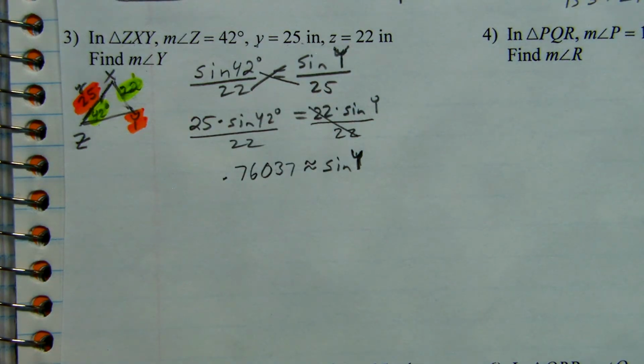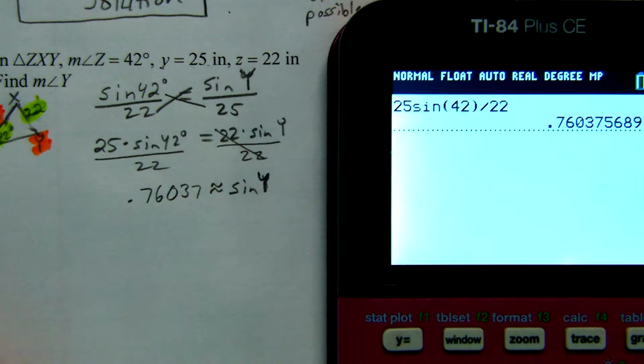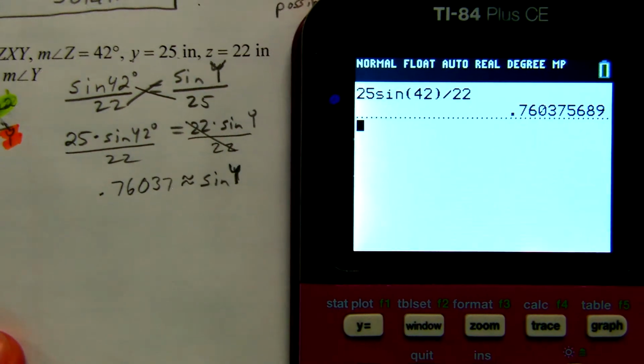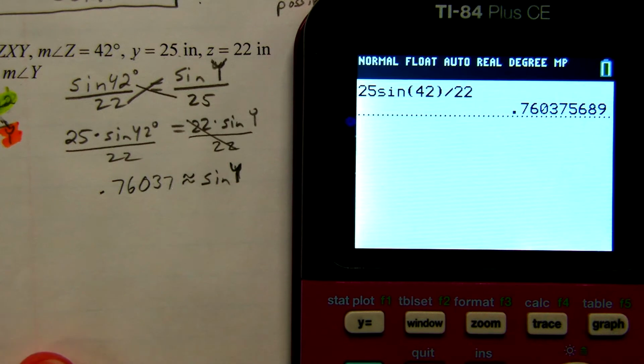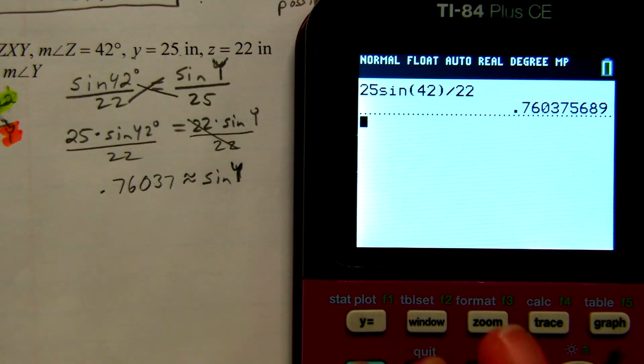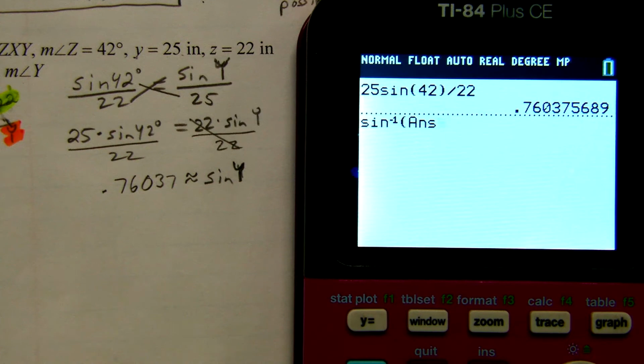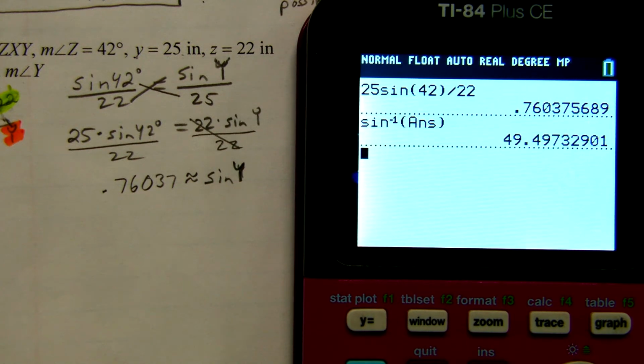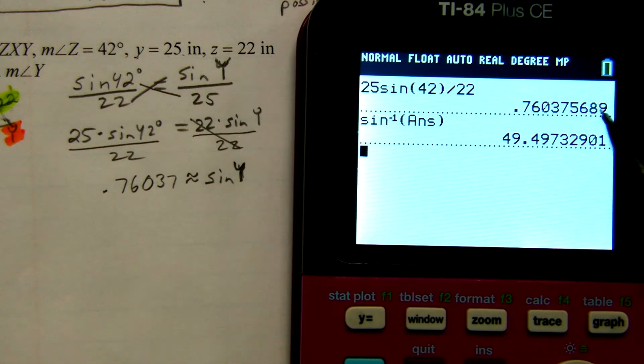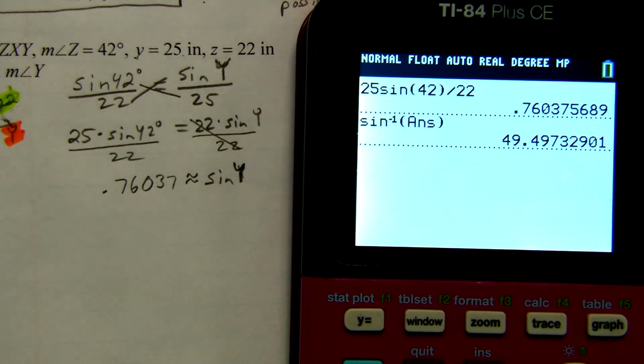I didn't divide. Okay, so when you have this number on your calculator, an easy way to just put that in is go second sine, second answer, which is where your negative key is at the bottom, and then you don't have to round anything off. It'll just use whatever the calculator has.